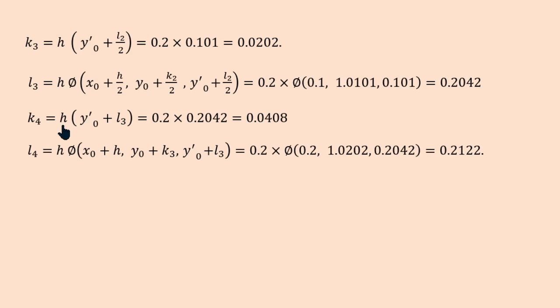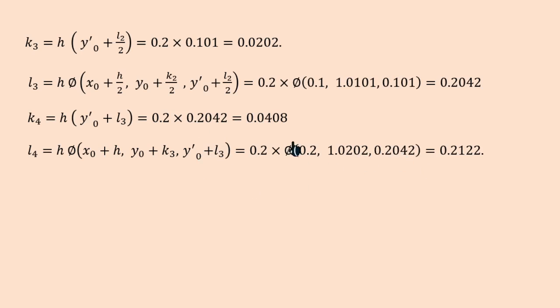Next, K4 is h into y naught dash plus L3, 0 plus this L3 value 0.2042 multiplied by h. So h is 0.2, therefore it is 0.0408. And L4 is 0.2 into phi of x naught plus h, y naught plus k3, y naught dash plus L3. So 0.2 phi of 0.2, 1.0202, and L3 0.2042.